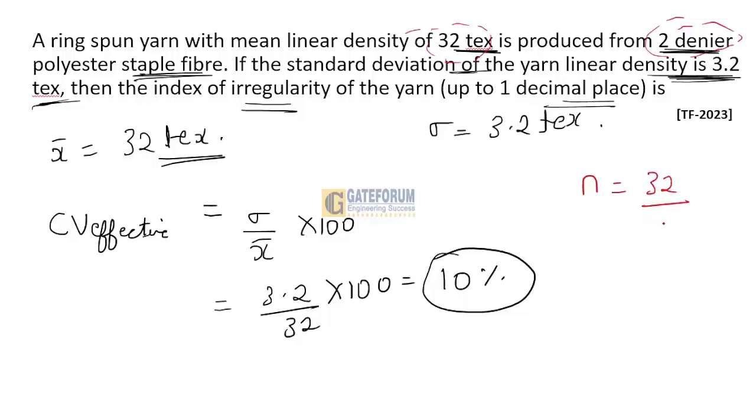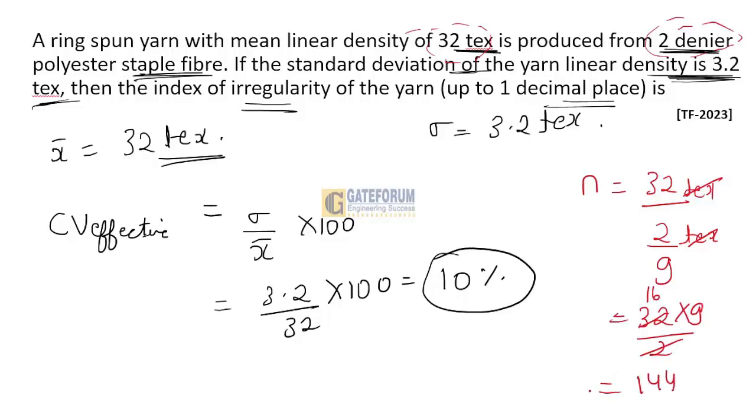Since it is 2 denier, it is 2 by 9 tex. Then 32 into 9 upon 2, 16 into 9, 144. So the number of fibers that is coming is 144.